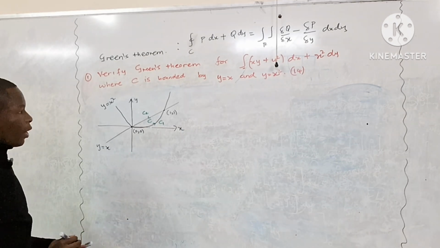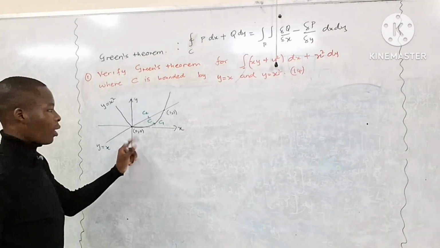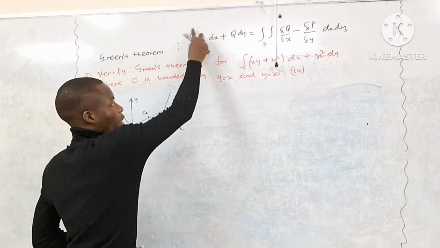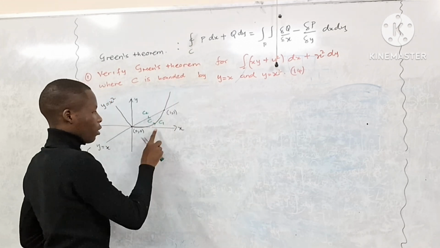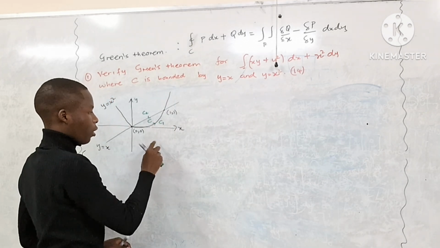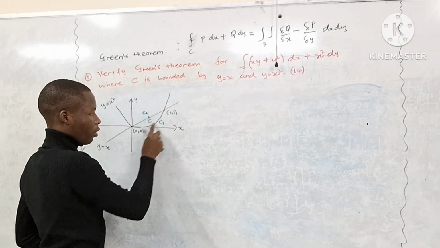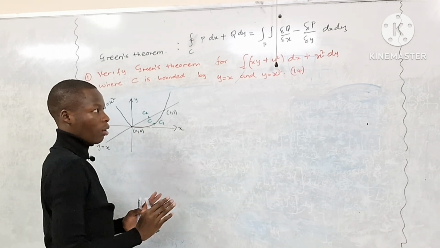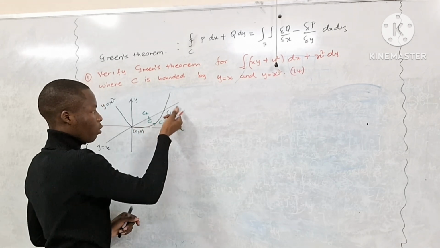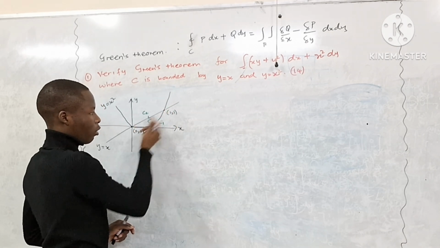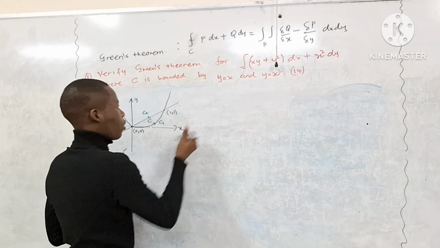Now we want to find the integral over curve C1. After finding the integral over curve C1, we are going to find the integral over curve C2.